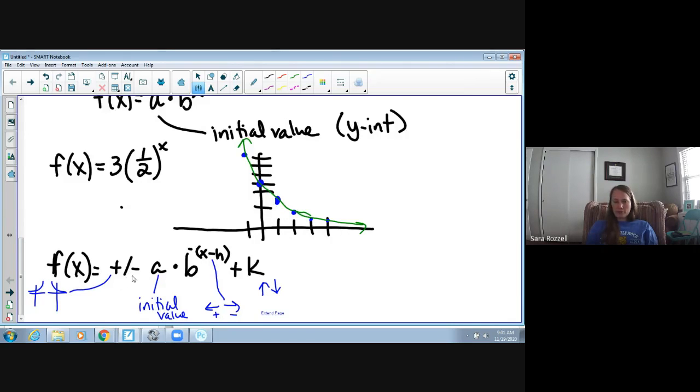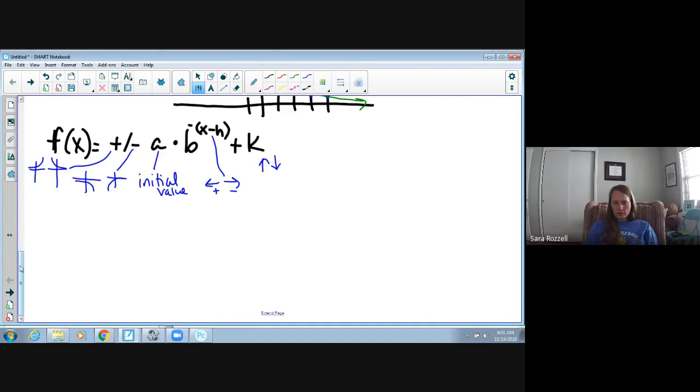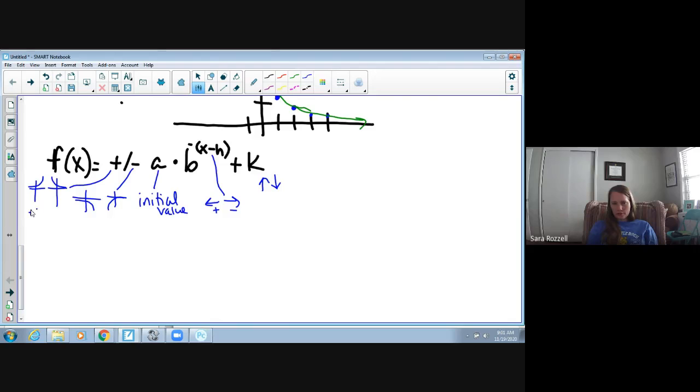Negative are going to be flipped over. So this is a negative growth, and this is a negative decay. I'm not going to write that on there. So this is a positive growth and a positive decay.